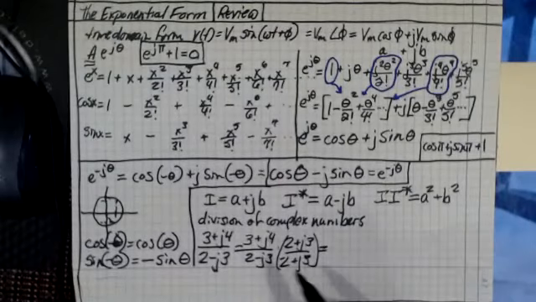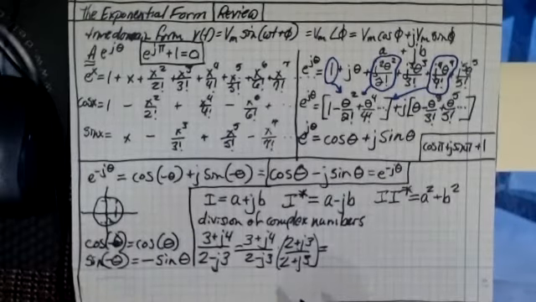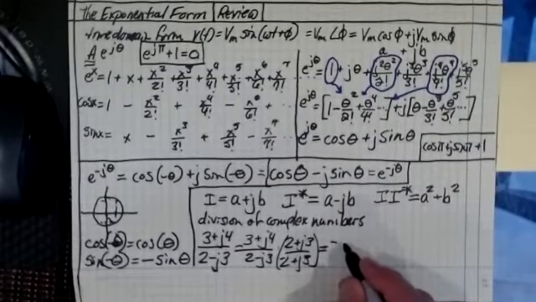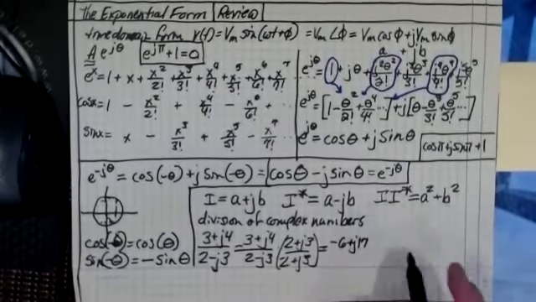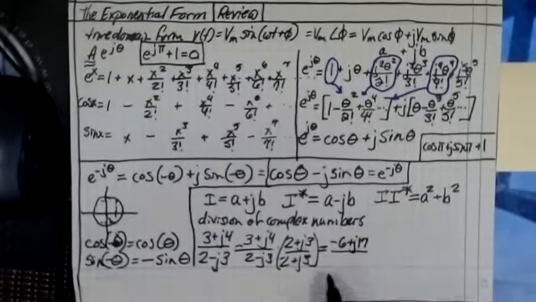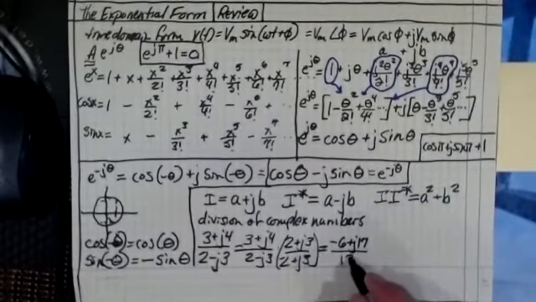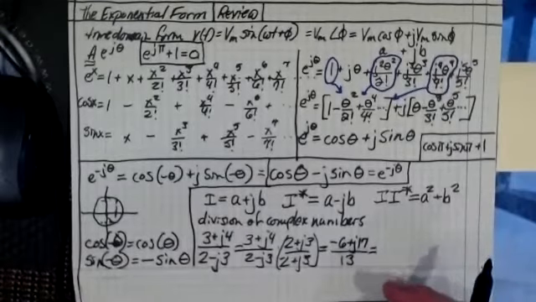So when I multiply through here, 3 times 2 gives me, wait a second, what have we got there? Well, actually, I can just give you the answer: minus 6 plus j17. And then the denominator is just 2 squared, that's 4, and 3 squared, that's 9. 9 and 4 is 13, which is a whole number, so I can just divide that out.